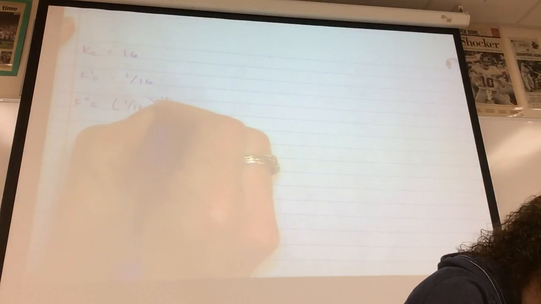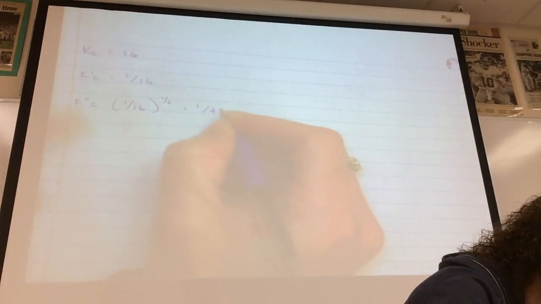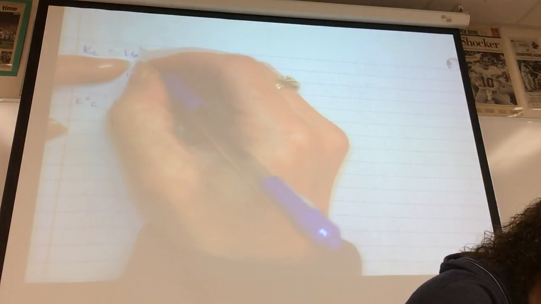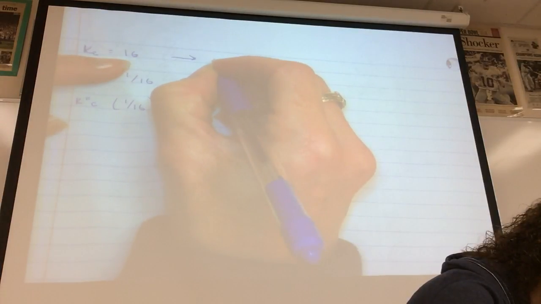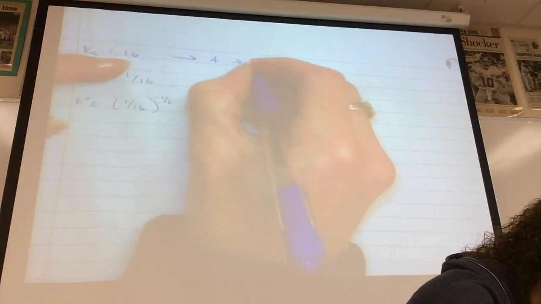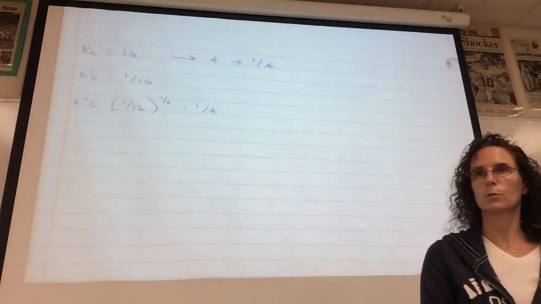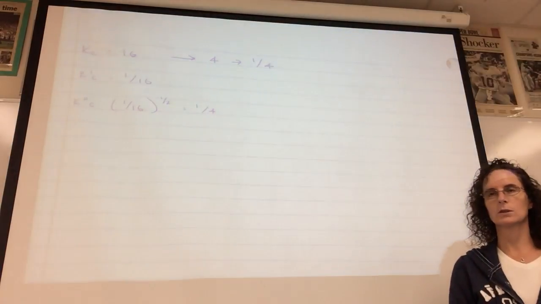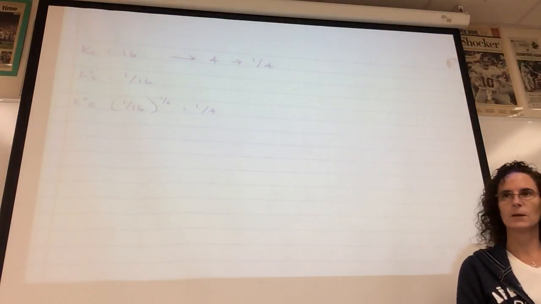So K double prime C would be this to the 1/2 power, so the square root of 16 is what? 4. All right? Let's say we did it the other way, where we did the 1/2 power initially. So we'd have 4, and so it will stay the same. So the answer is no, but it's good to prove it, because now you know it doesn't matter what you do first, and you'll be happy. Okay.